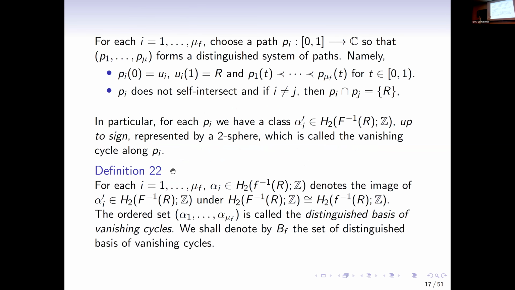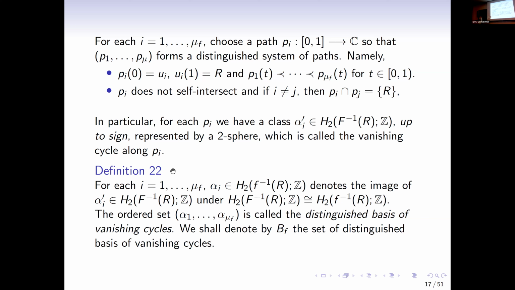And I wrote some technical detail, but anyway, starting from the critical value, we can consider a path from the critical value to this fixed point, a real number large enough.